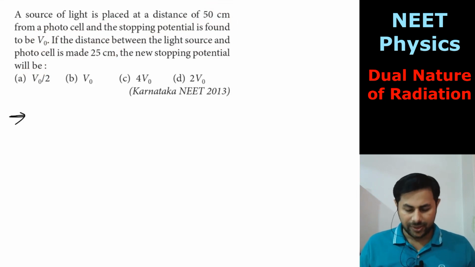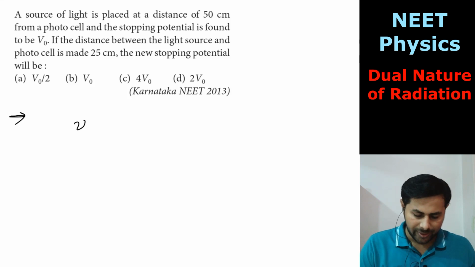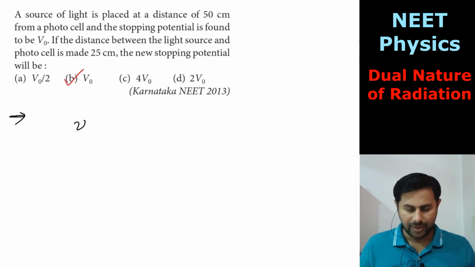You are not changing nu. The frequency of light is not changed. So it's option B. Very good. It's V naught only. If you change the distance of the source, what changes? The intensity changes. Frequency does not change.